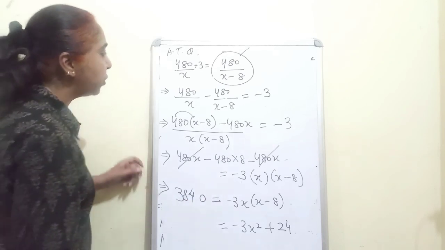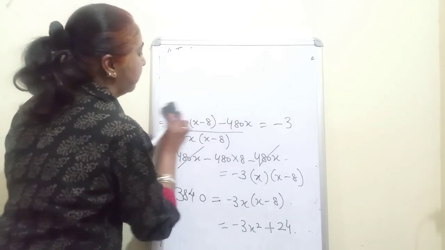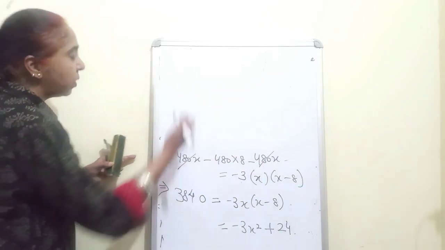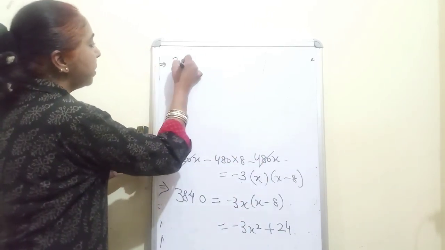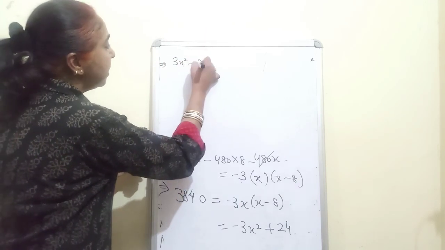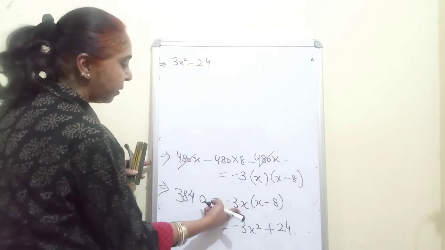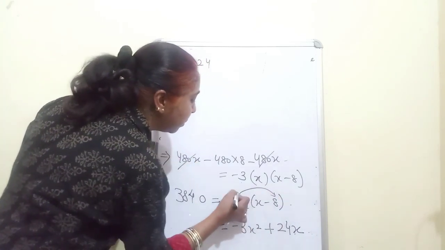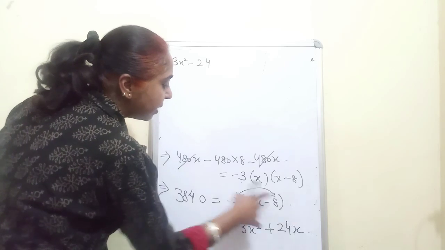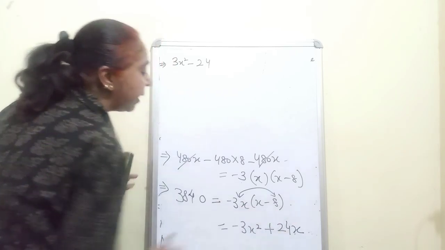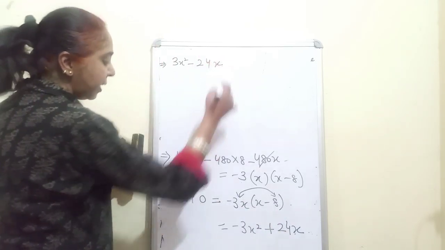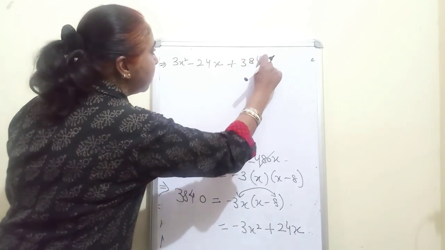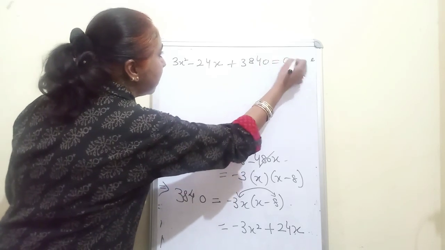Okay, so the final equation will be, I'm taking these two terms on the left side, so 3x square minus 24x, when you multiply these two terms, you'll get minus minus plus, and 8 3s are 24 and x. So it will be minus 24x and plus 3840.